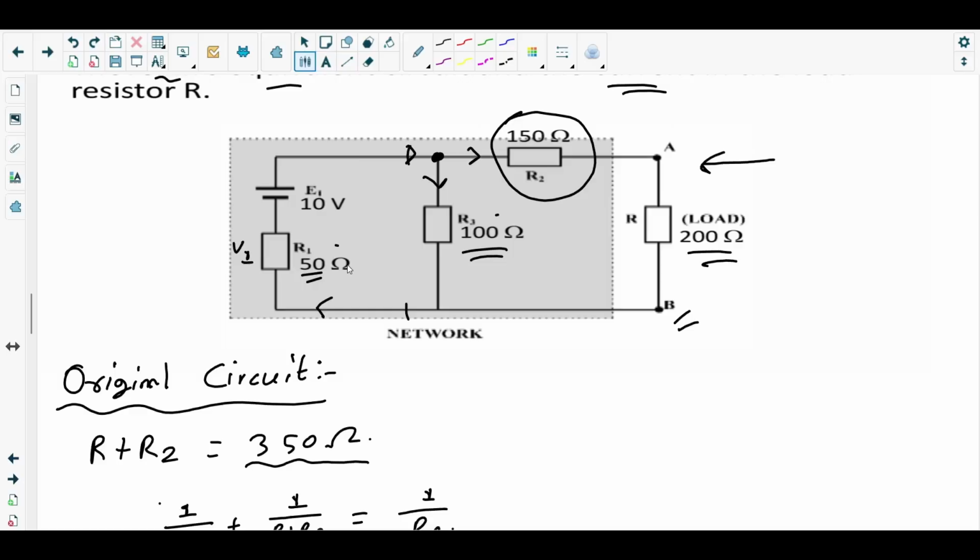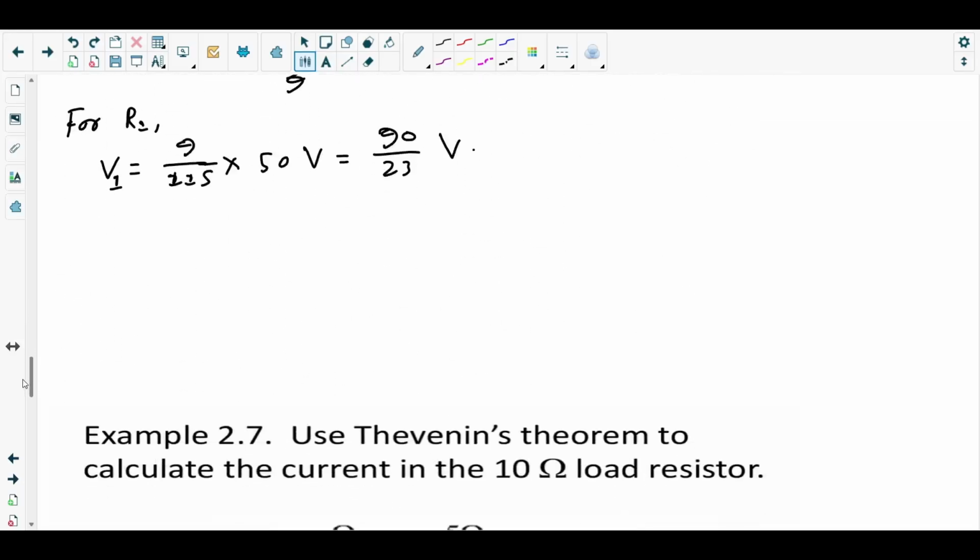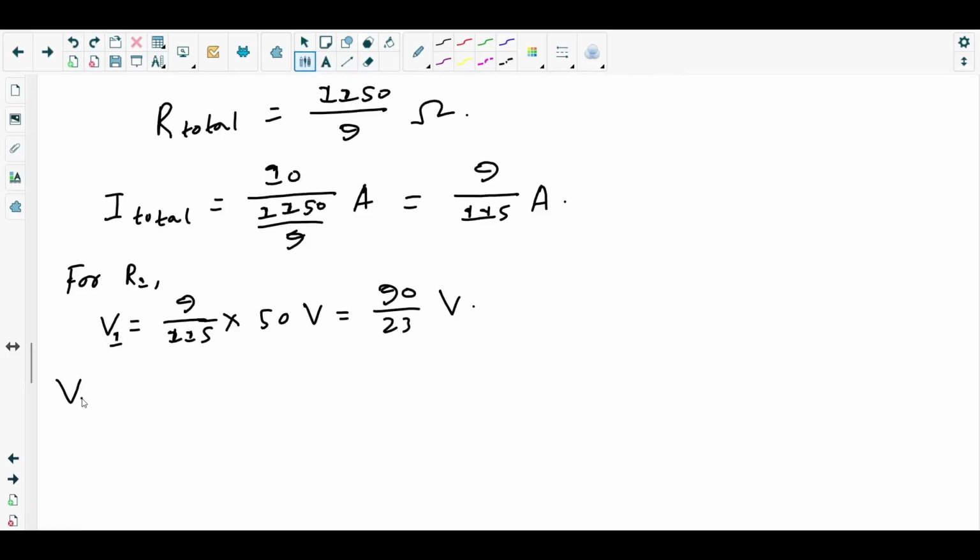available for this part, if I circle it, will be the V remaining. V remaining will be the total voltage, 10, minus 90 over 23 volt.